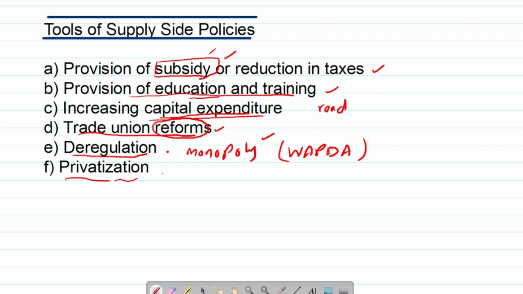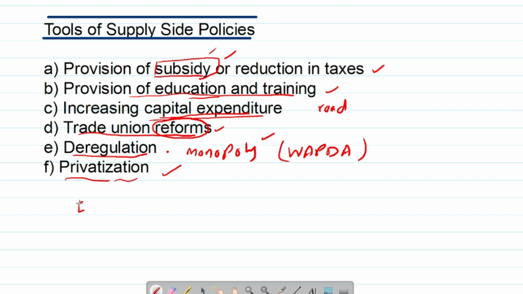When more firms enter the industry, definitely the overall output of the country increases, more jobs are created, and unemployment is controlled, and prices are also controlled, because when there is privatization there will be competition among so many sellers, and as a result prices will also decrease.